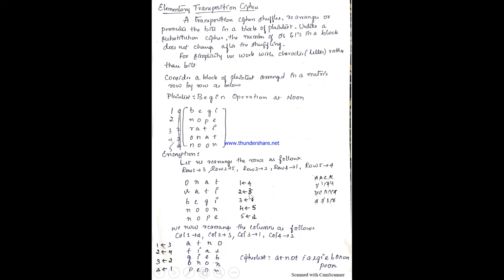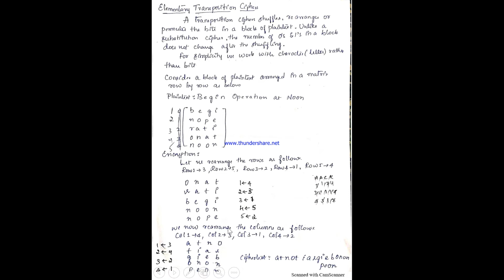The 3rd row, RATI, I'll store in the 2nd row. The first row content BEGI, next NOON, that is the 5th row content. Finally the second row content is NOPE, which is copied here.